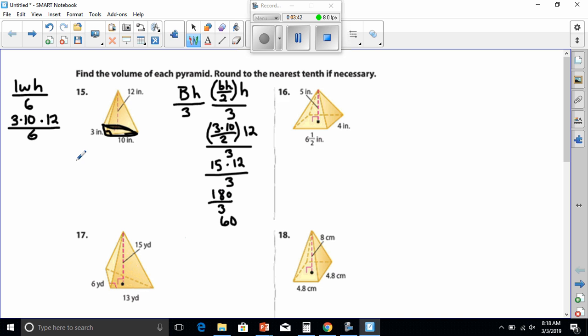Well, I see 6 and 12 here, so I could just scratch out the 6, put a 1, take the 12 out and put a 2, right? Because 6 goes into 12 2 times. And now I have 3 times 10 times 2. 3 times 10 is 30, and 30 times 2 is 60. And since I have a 1 at the bottom, that's 60 over 1, and look at that.